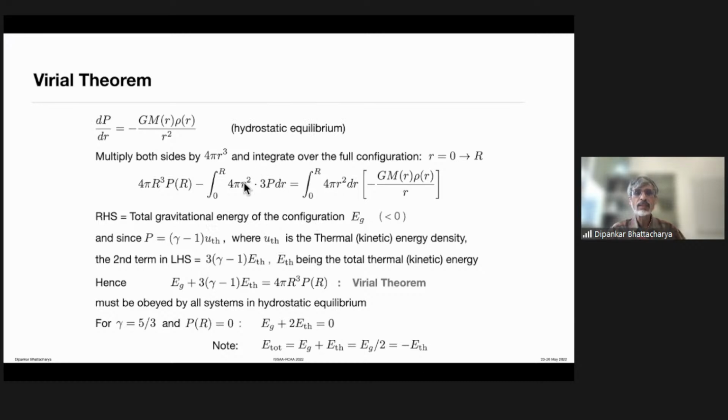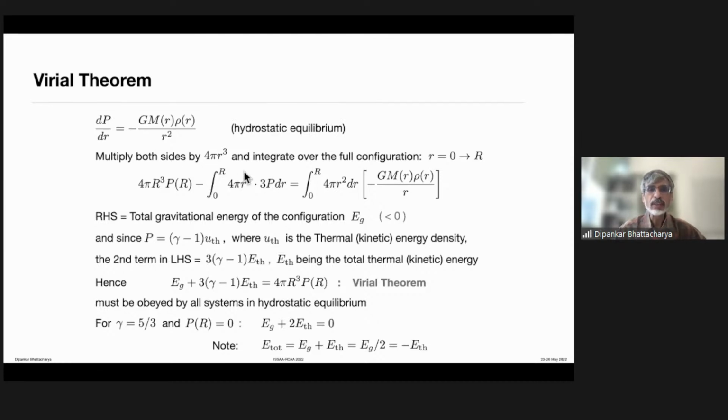Now let's look at this term. We know that pressure and the thermal energy density, or internal energy density as we call it, are related by an expression like this, where gamma is the adiabatic index, or the ratio of the two specific heats. So pressure is related to the thermal energy density by gamma minus 1 times U_th.